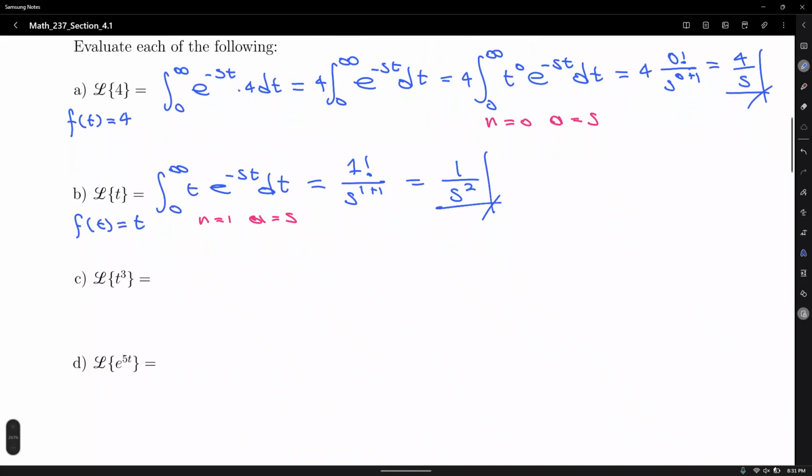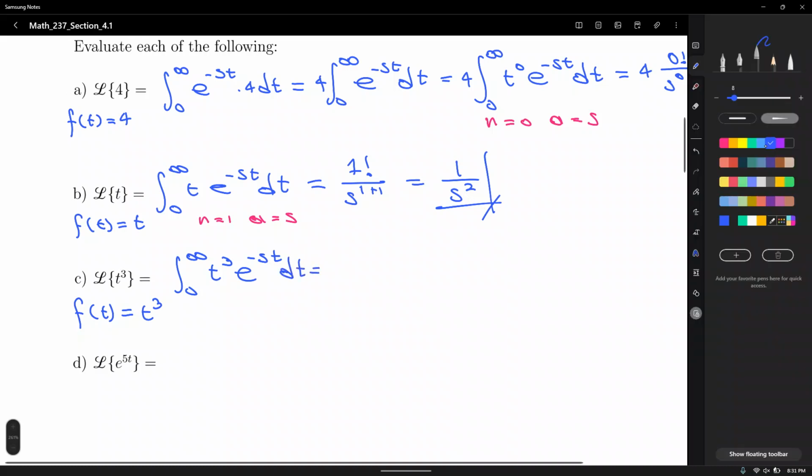Especially because of part C, the Laplace transform of t cubed, where the function to be transformed is t cubed. Evaluating it would be the integral from 0 to infinity of t cubed e to the negative st dt.